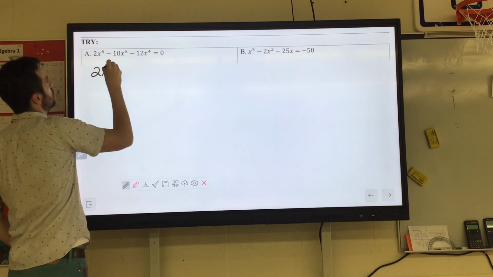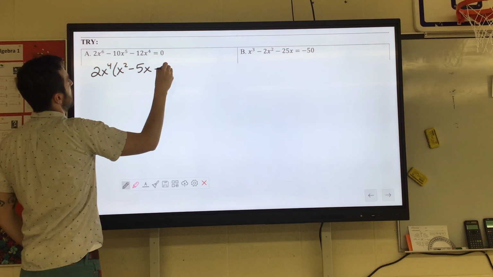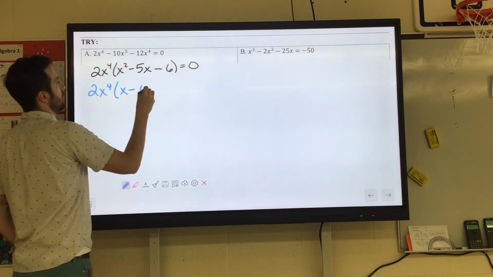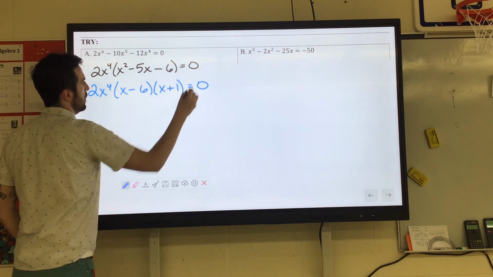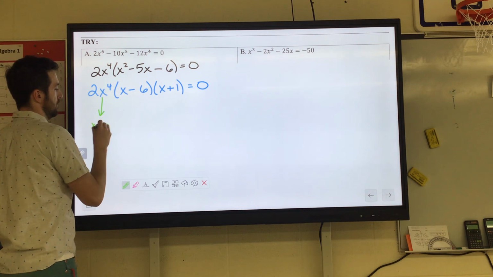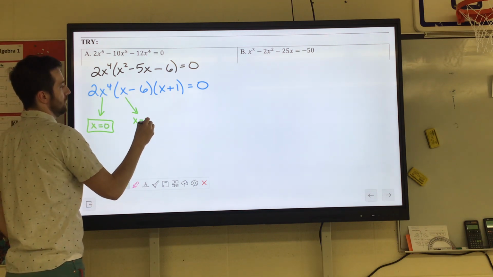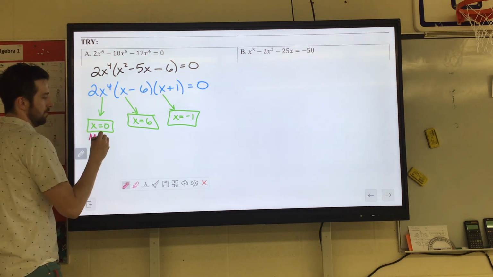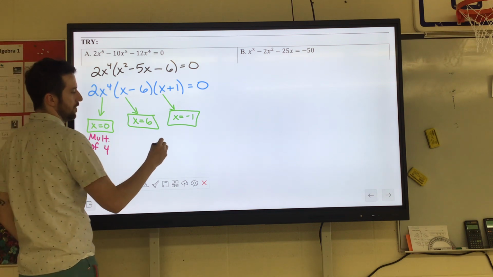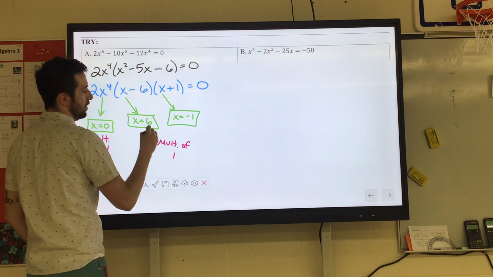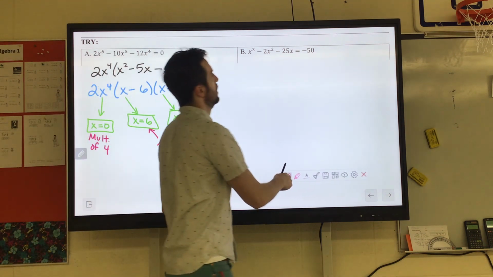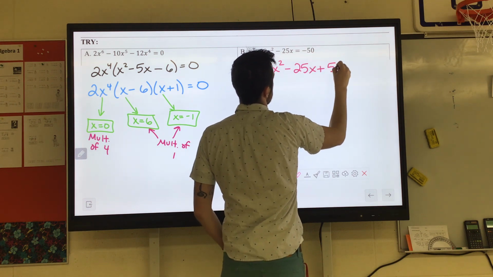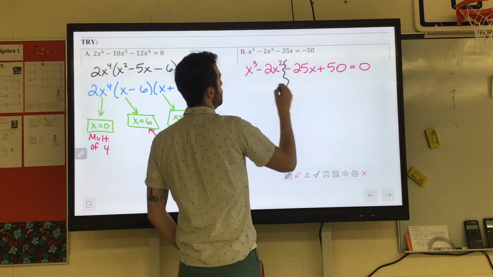Let's see, 2x to the fourth. A little factor by grouping.